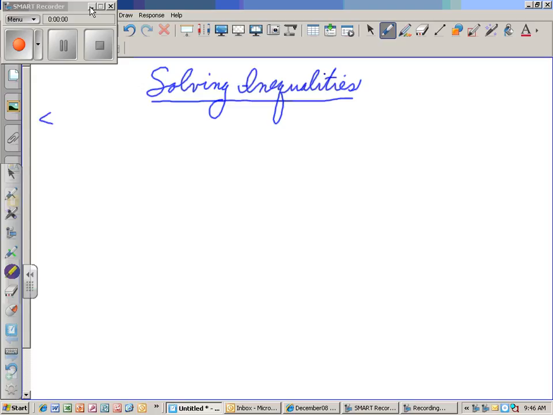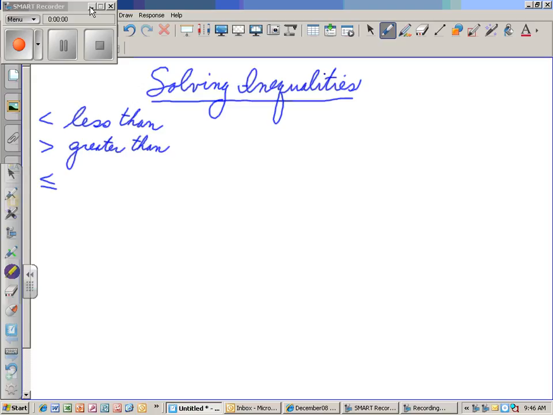What is that a symbol for? Yeah, less than. Good. We have less than. Of course, this is greater than. Right? That's what an inequality looks like. What is that symbol?